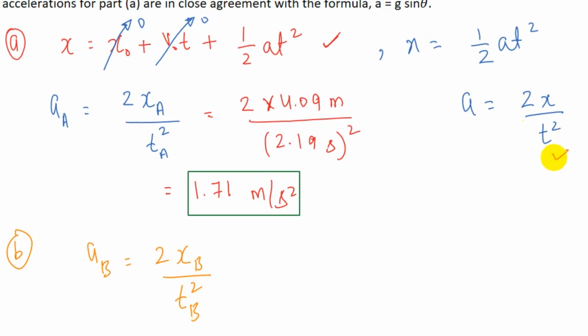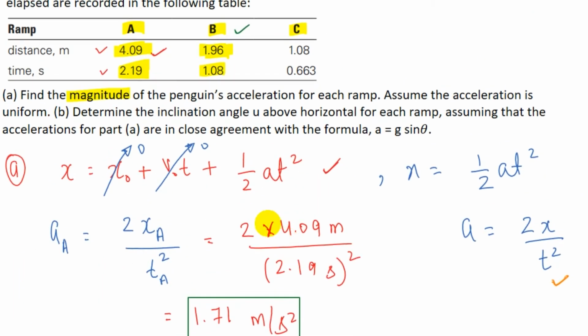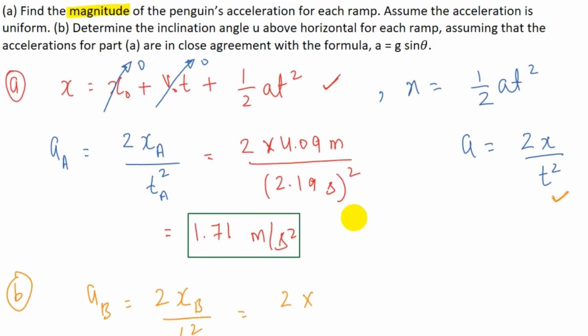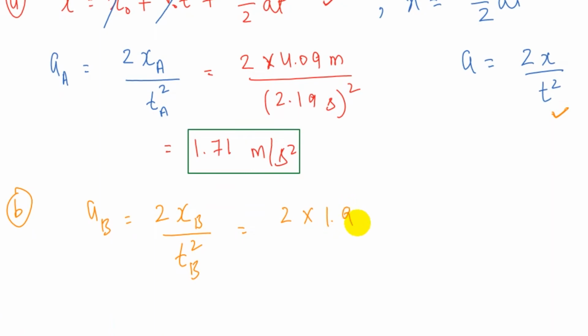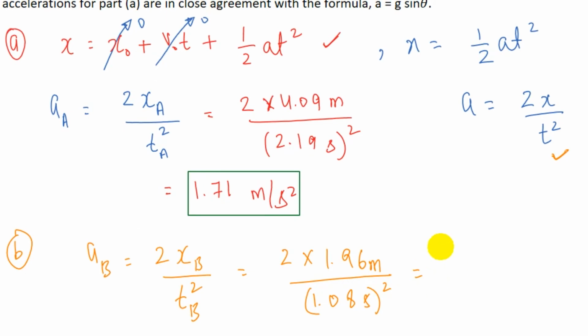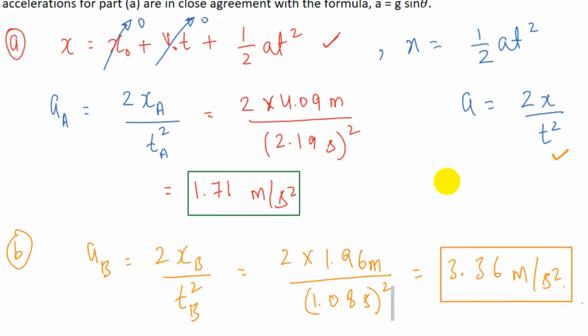Just use this equation for ramp B. So it is 2 times, now x_B for ramp B is 1.96 meters, divided by time 1.08 seconds, whole squared. You can use a calculator to solve this, and this would be equal to 3.36 meters per second squared. So this is the answer for the B case.